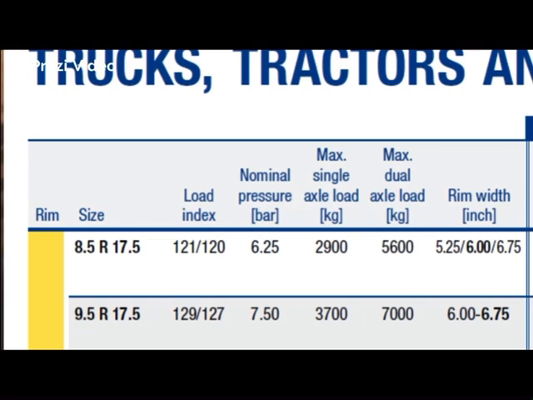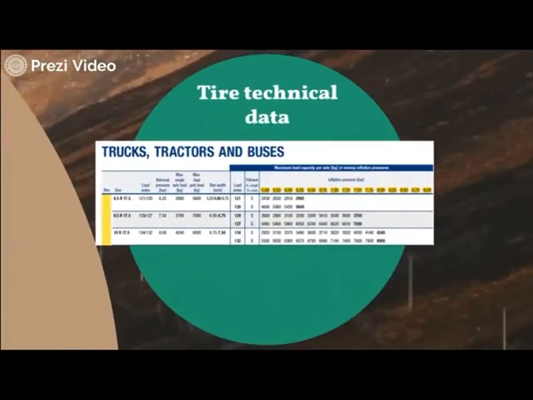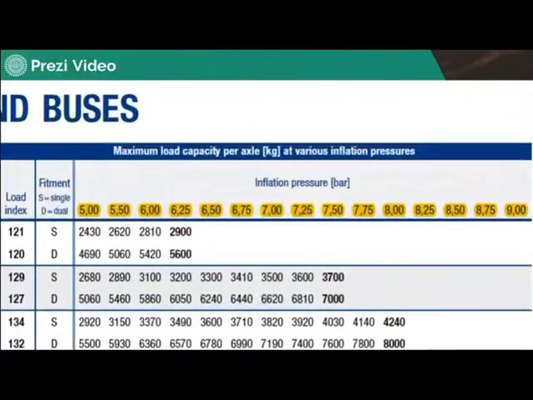You can find nominal pressure, and at this nominal pressure, maximal single axle load, and at the same nominal pressure, maximum dual axle load. At the same time, in the same table, you can find how much load an axle can carry at which pressure.